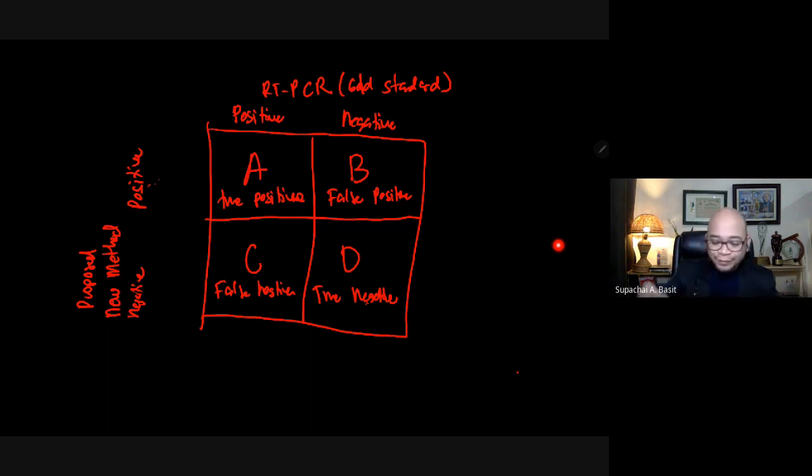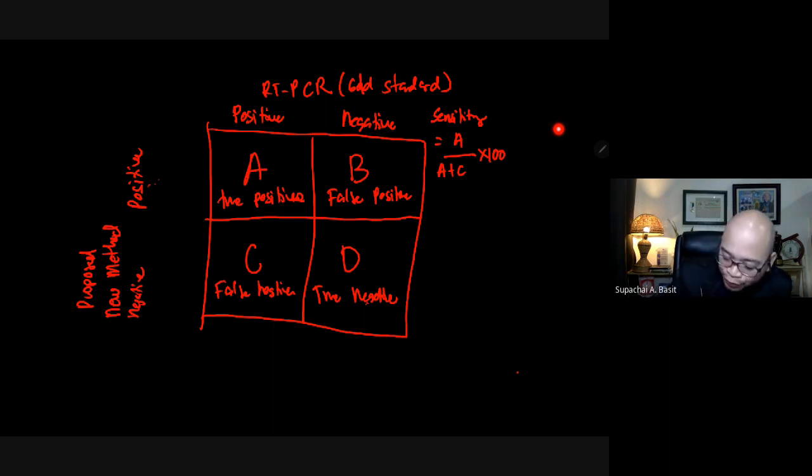Okay, so to compute for sensitivity based on the equations that we have discussed, it's gonna be A over A plus C times 100. So that is your sensitivity. True positive over true positive plus false negative.